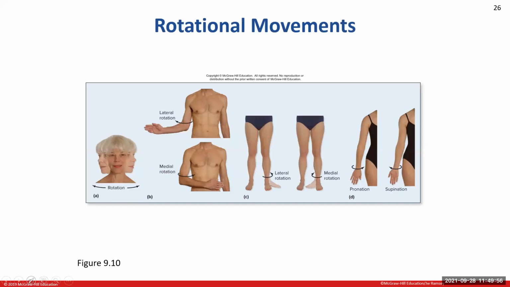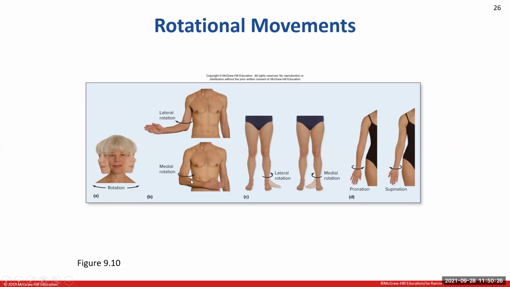All right, so rotational movements here, you can see our lady on the left, she's doing her best at the Linda Blair exorcist, shaking her head back and forth. That is going to be rotation, turning your head and neck from side to side. Here, if you bend your elbow at 90 degrees, and you keep your hand upward in that position, if you turn your hand outwards, that's lateral rotation.